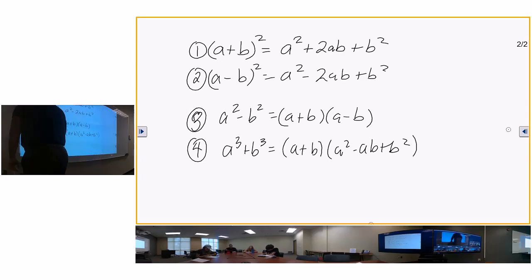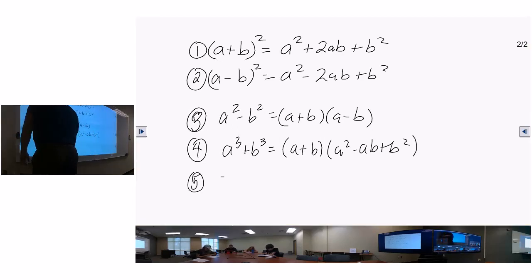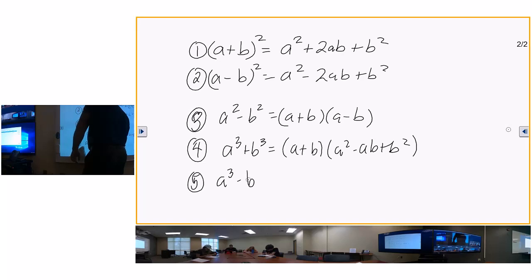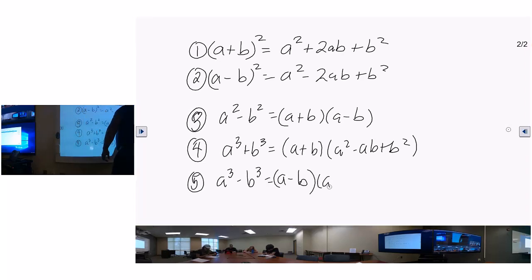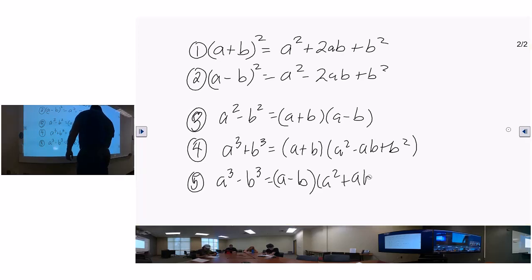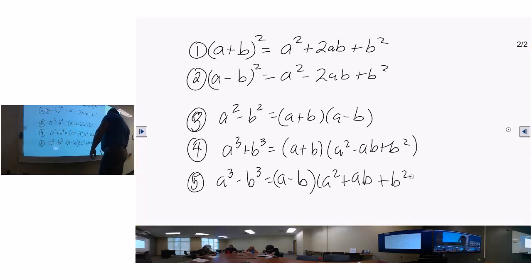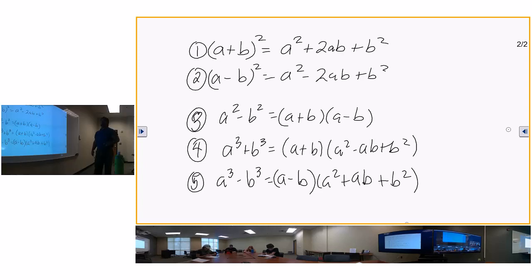And shortcut number 5, A cubed minus B cubed is equal to A minus B times A squared plus AB plus B squared. Those are your shortcuts for multiplying as well as factoring.